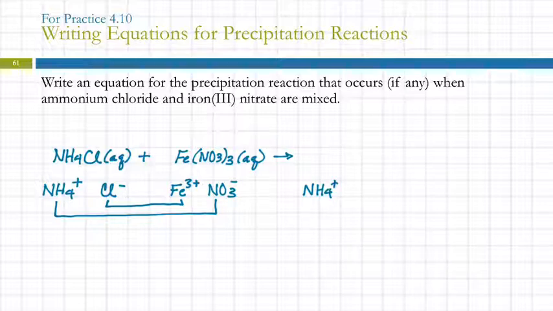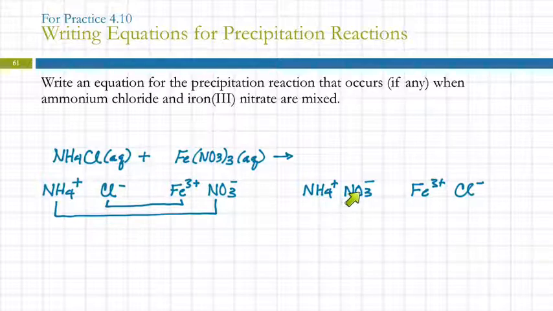So there's ammonium, I'm going to pair that up with nitrate, and then I'm going to pair the iron 3 with chloride. Oops, minus. Before I bother writing the products, the complete ionic formulas, I'm going to ask myself whether these combinations are soluble or insoluble.